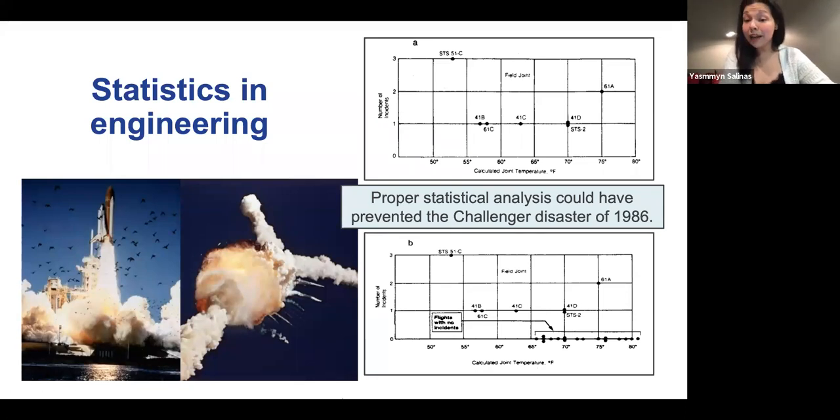People have analyzed this larger data set with more data points and calculated that the probability that the accident would have happened was 99% at that temperature. The moral of the story is that using the proper data and proper statistical analyses would have prevented this disaster in 1986. Okay, so that's why statistics is so important.